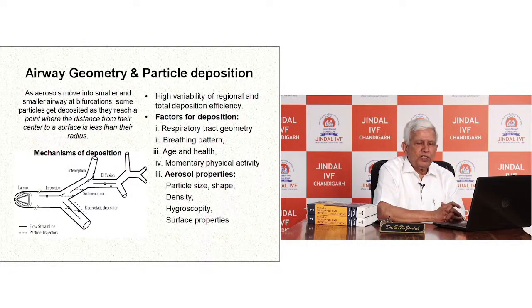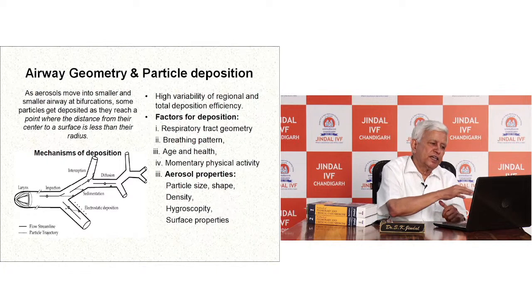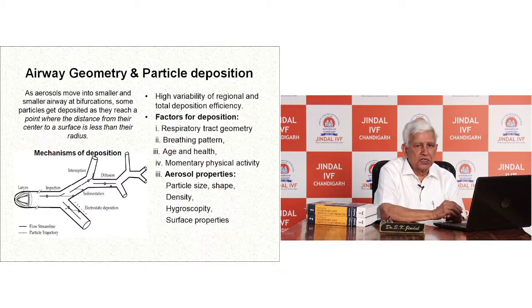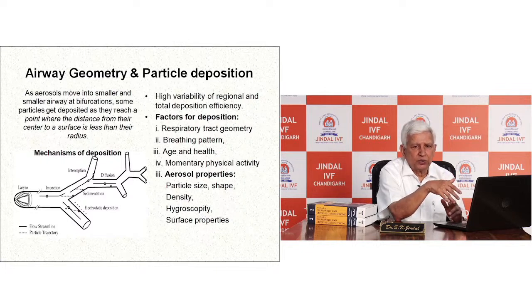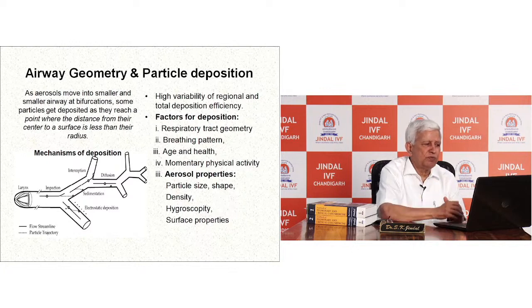The second important physical principle which governs inhalation is the airway geometry and particle deposition. You can see here the airways consist of a branching system. For example, from the larynx and trachea, it divides into the two main bronchi, and then further subdivides into bronchial divisions, the bronchioles, primary, secondary and tertiary, and finally into the alveoli.